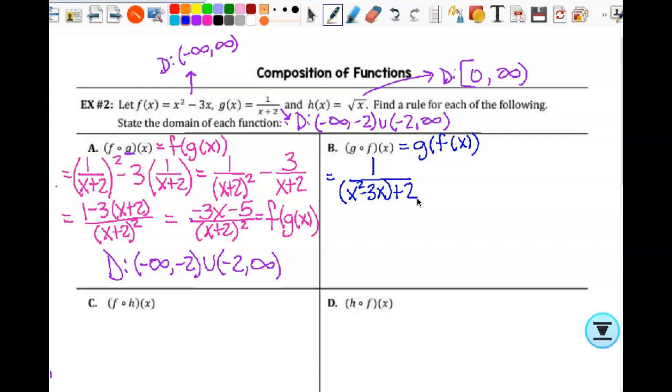Right? 2 terms, so I'm definitely putting it in parentheses. In this case, the parentheses really didn't do anything for me. So this is just 1 over x squared minus 3x plus 2. It is always going to be very helpful if we factor. So when I factor this, I'm going to get x, and what are my two numbers? Negative 1 and negative 2.